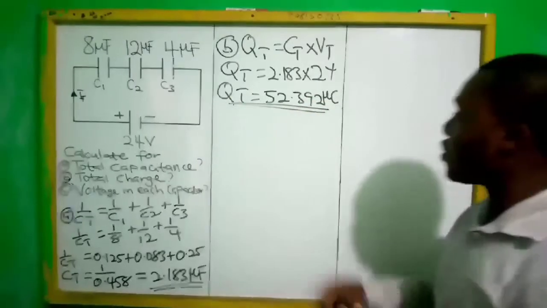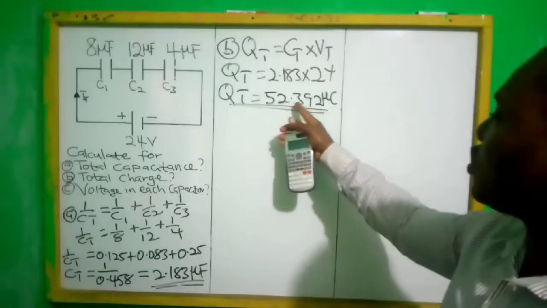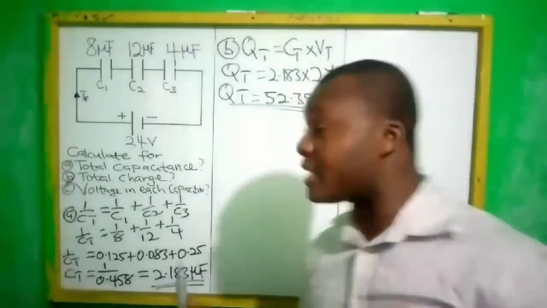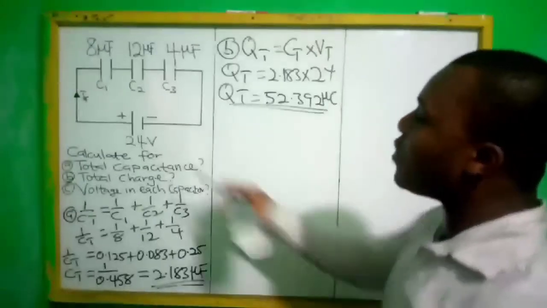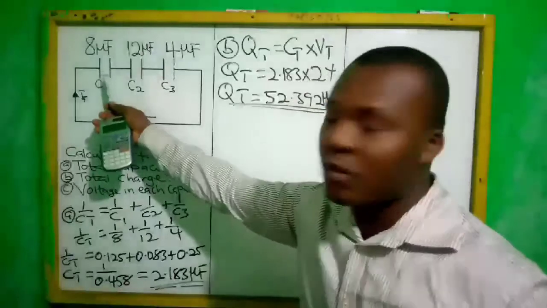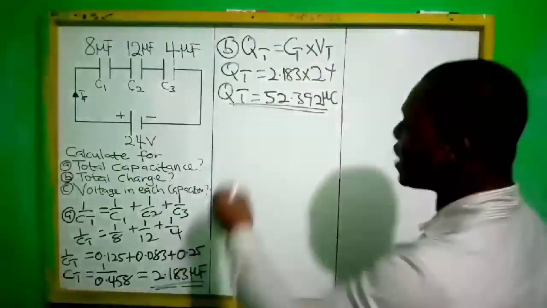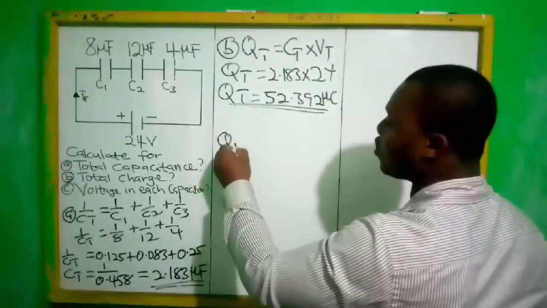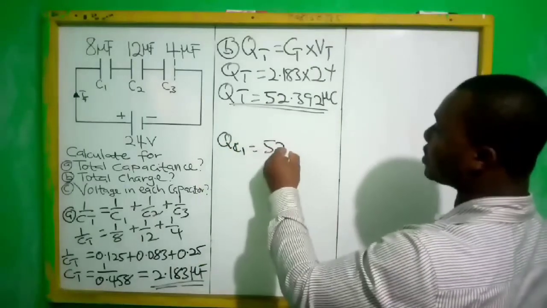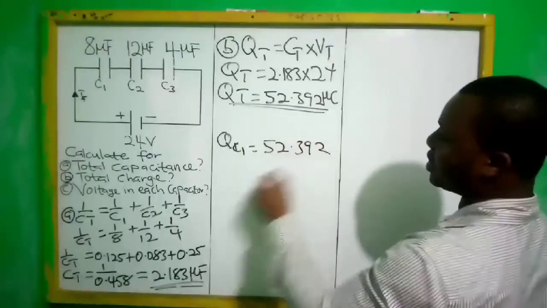You can also write this as 52.392 times 10 raised to the power negative 6. Because I told you in the first place that the same total charge will flow in all of them, the charge in C1 is the same, 52.392 microcoulomb.